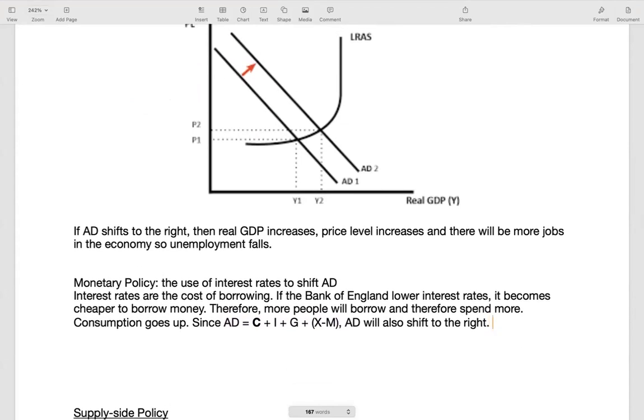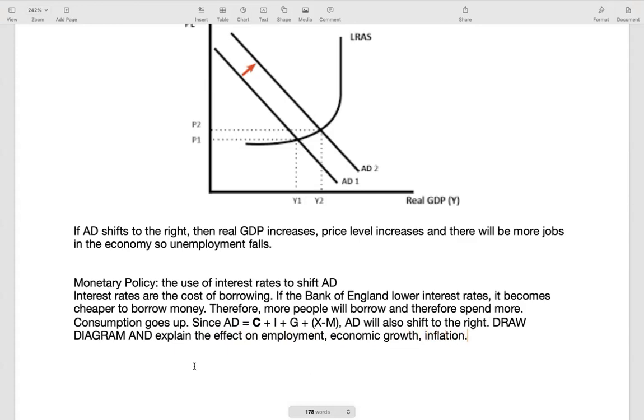Okay, cool. If AD shifts to the right, and then you just draw the diagram again. Yep. So that's the key. And then explain the effect on the objective.